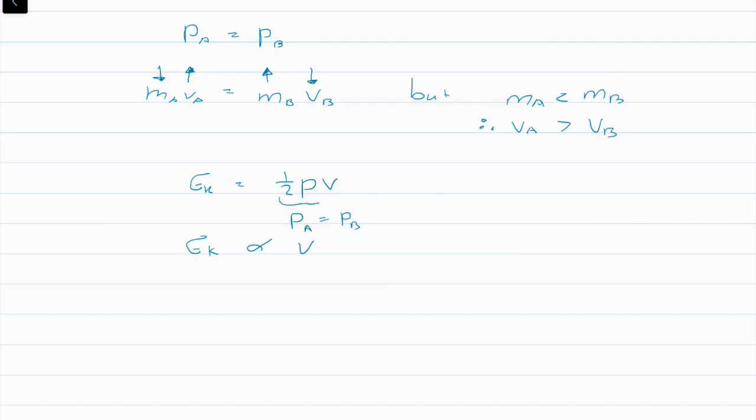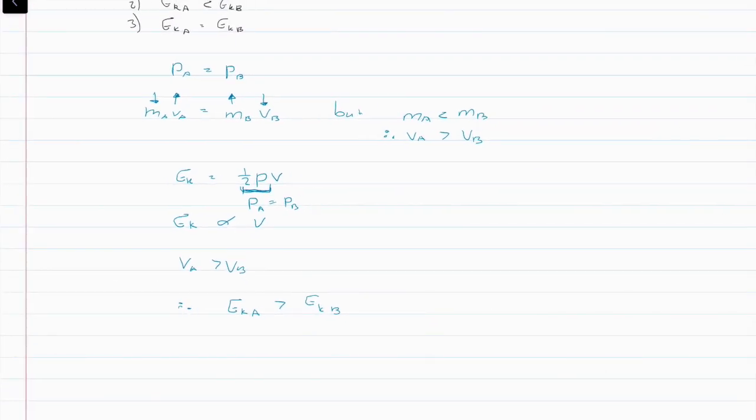Because these two terms are the same for A and B, everything is dependent on the velocity. The velocity of A is greater than the velocity of B. Therefore, we can say that the kinetic energy of A is greater than the kinetic energy of B. I hope that makes sense to you guys.